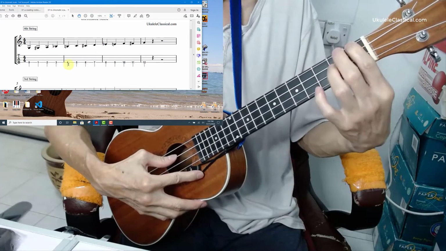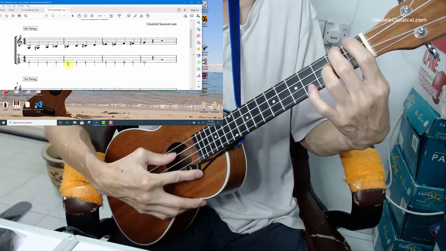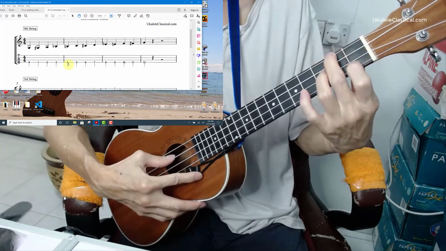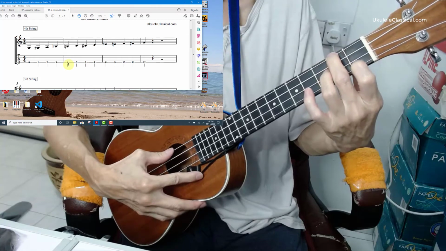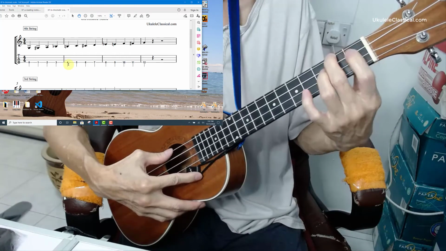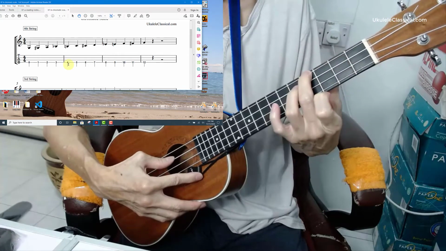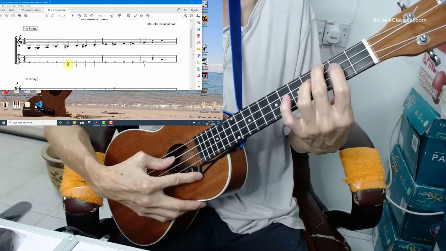And this is G, and this is A. So from A, if you go down half a step, a semitone, it is A flat. Alright, so G sharp is an A flat, and A sharp is a B flat.